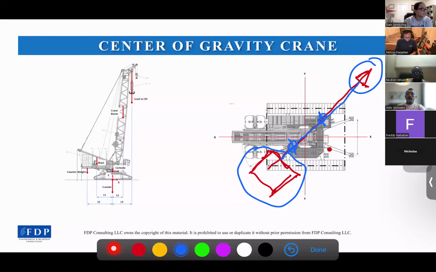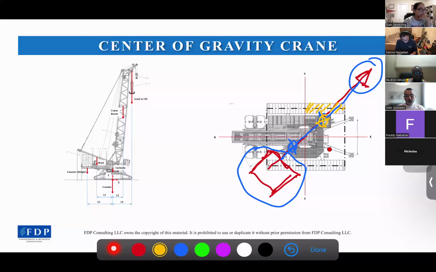So the tracks close to the COG will get the biggest pressure. If there is no load at the hook, for example, if the COG is here, then more pressure will be taken by these tracks here.